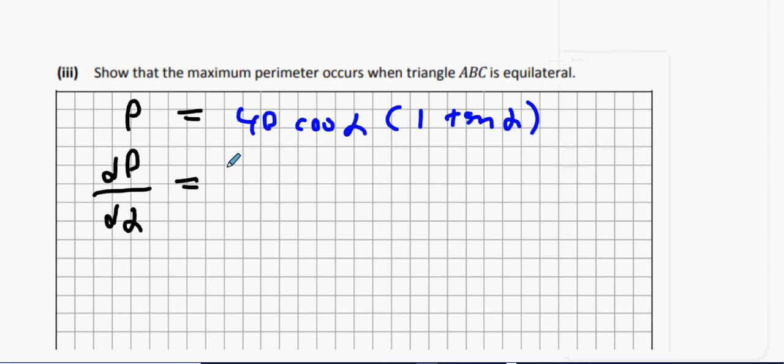You could always try the trial and error method and pretend that you're just subbing in random numbers until you find it for attempt marks if you aren't sure about the differentiation, but realistically you're going to be differentiating this.